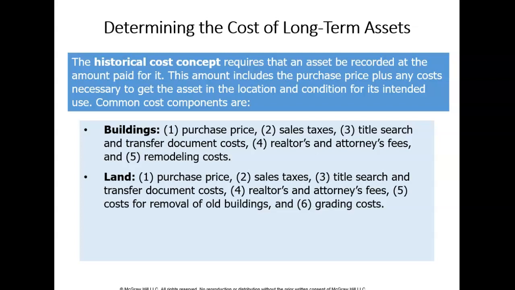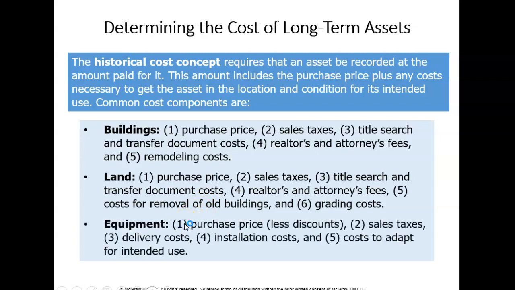If purchasing land, same type of cost: purchase price, sales tax, any title search, realtor fees. So if we purchase land that has a building on it already, but we don't want that old building, then the cost to remove that old building will also be included in the land account.